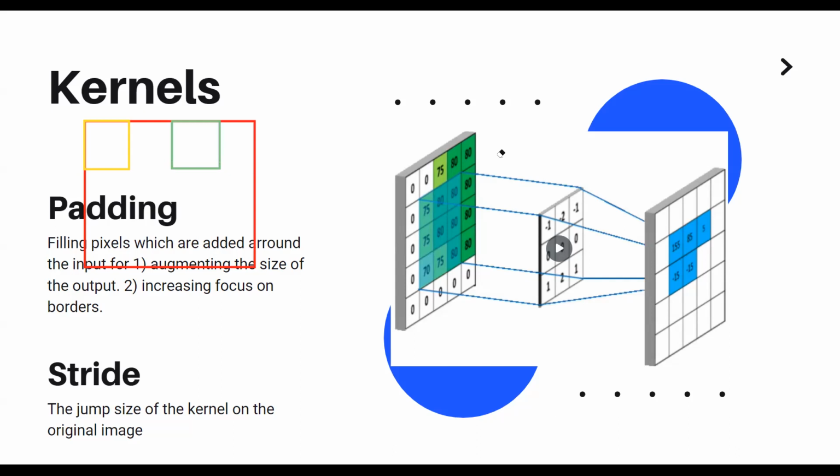The interest is simple: reducing the calculations and reducing the size of the output. Remember, every time that we apply this kernel on the input image, we get an output inside our output image. So if we reduce the number of kernels that we apply, the output image will be much smaller, right? And this is the interest.